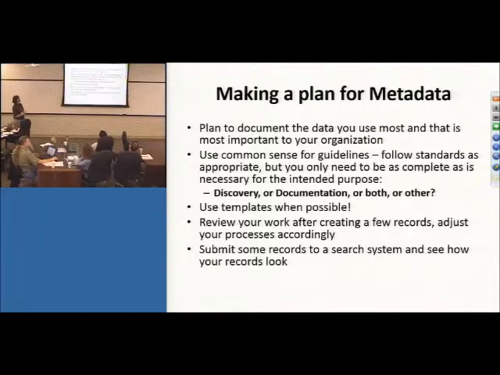But if you're starting from scratch, the easiest way to get your earliest bang for your buck is to start by thinking about documenting the data you use most, that's most important to your organization. Because you're going to know it the best, and you're probably going to know what other people need to know about it. So it's where you have all the value to add.